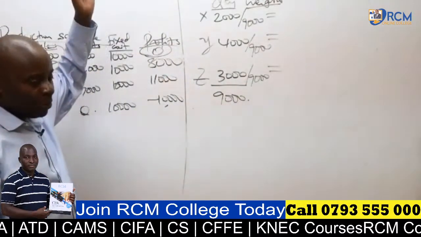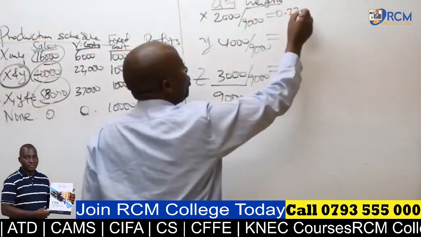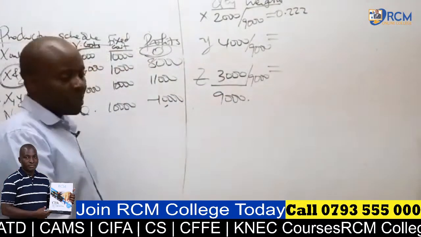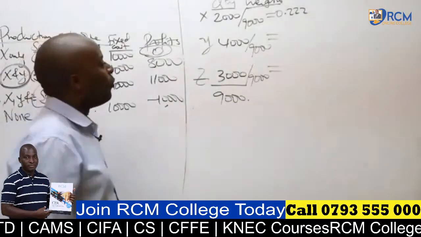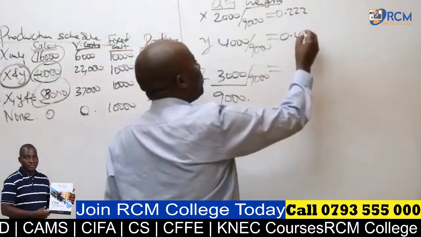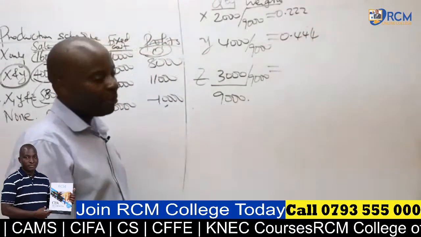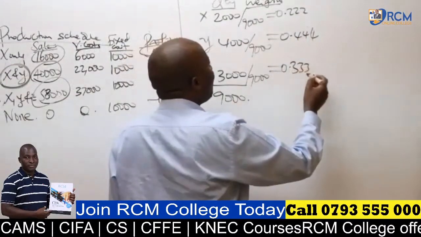For X it is 0.222. How about Y? Y is 0.444. How about Z? 0.333.